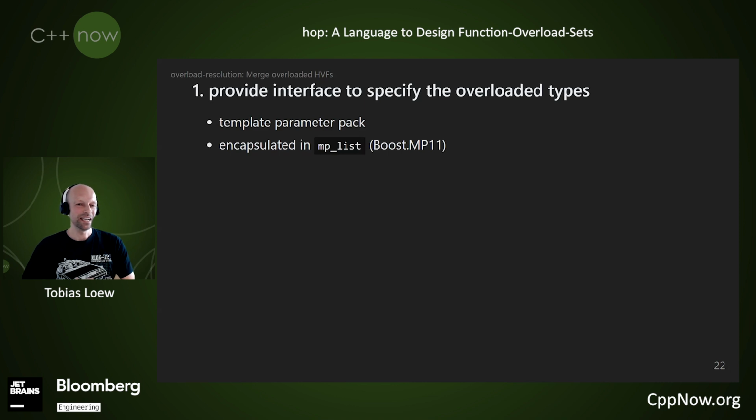We will need a template parameter pack of types. In our case, two types, int and float, but we could add more of them, of course. And we will encapsulate them in an mp_list, which is a Boost.MP11 type that simply packs the parameter pack into a type, which makes it easier to handle because now we have a type and not a parameter pack anymore.